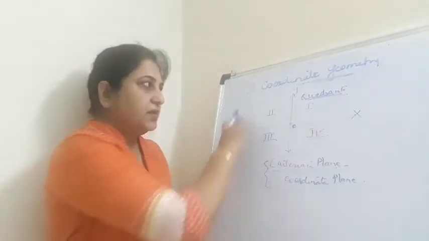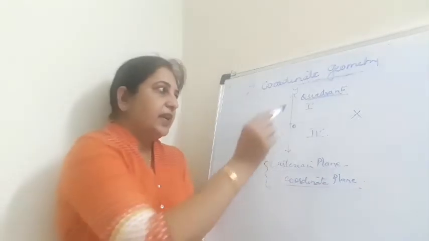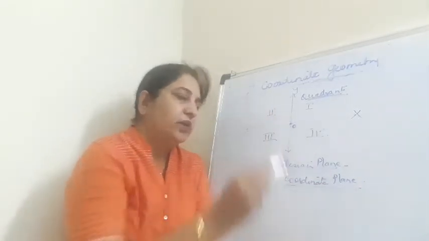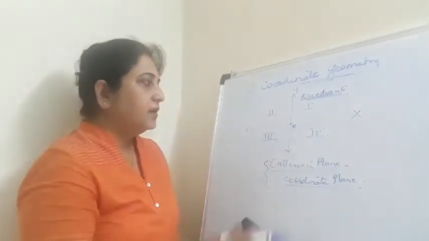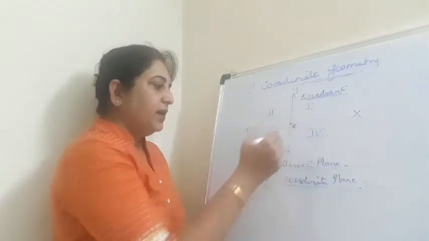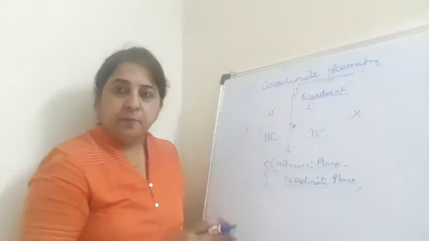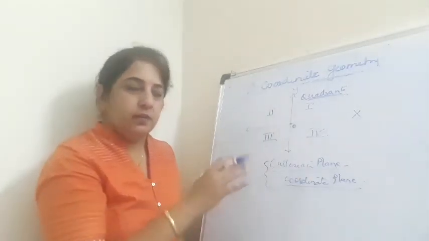So this is a Cartesian plane, also called the coordinate plane, in which the x-axis and y-axis intersect at the point O, which is called the origin. And the four parts of this plane are called what? Quadrants. First, second, third, fourth are the four quadrants in a Cartesian plane.